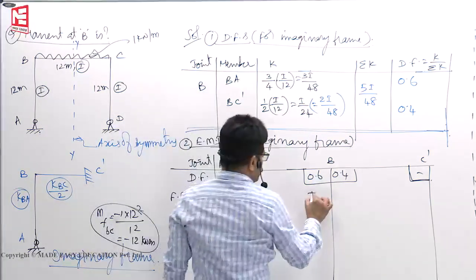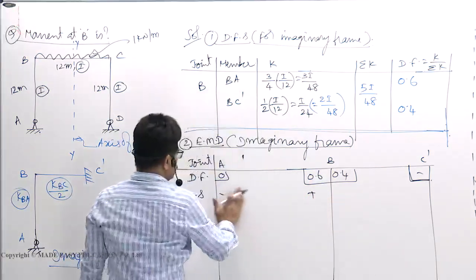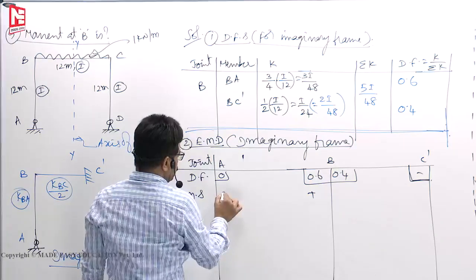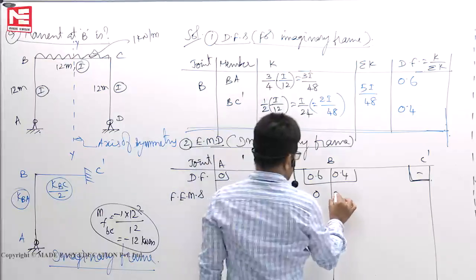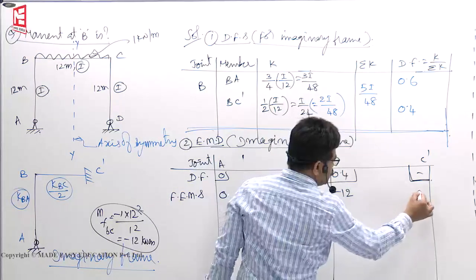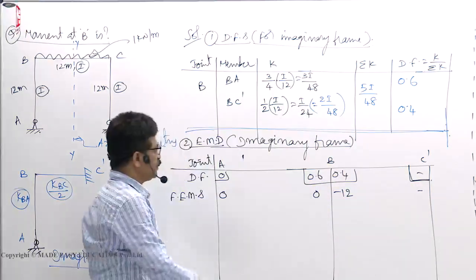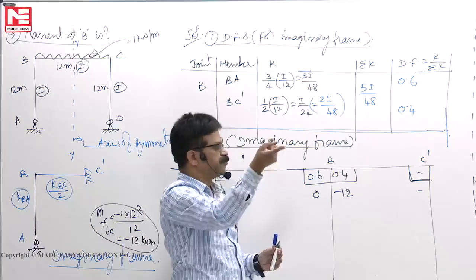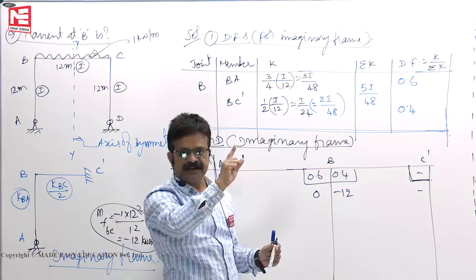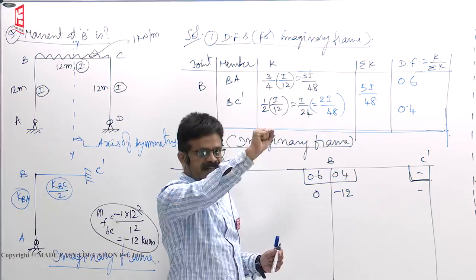AB is nothing, on the span AB there are no loads, 0, 0. MFBC minus 12. CB dash we do not want to write. So, at B, to fix the joint B, you require minus 12 kilonewton meter. That means to lock the joint B, minus 12 you have to apply.